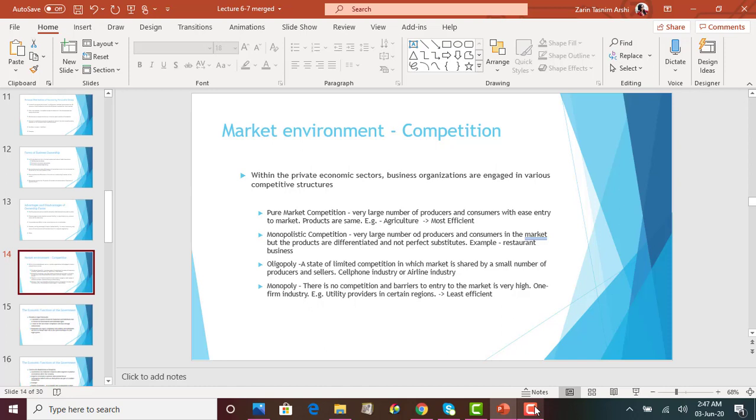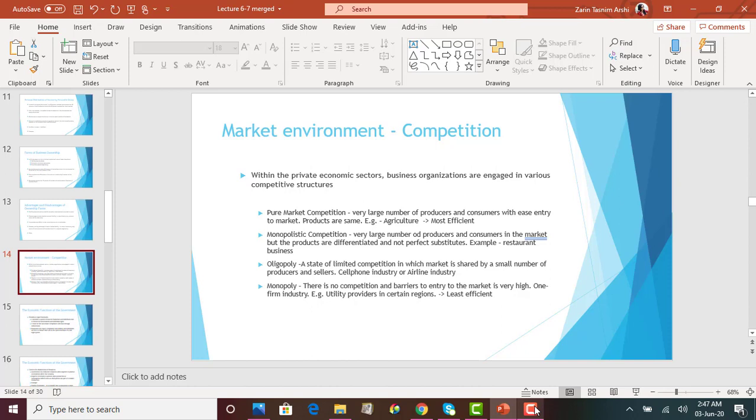Like in micro class, you will dedicate 1 chapter to each of these market structures, but in macro we just have to have a basic idea, and you might have 1 or 2 multiple choice questions from these topics. Okay, so there are 4 market structures.